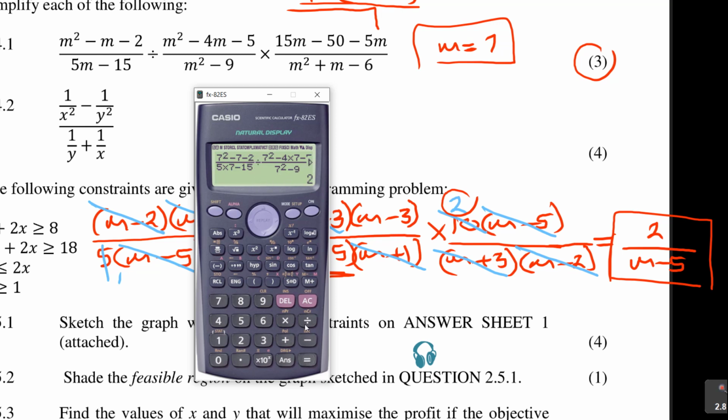So this is 2. Now let's go to the final answer. The final answer is 2 over 7 minus 5, and then I'm getting a 1.